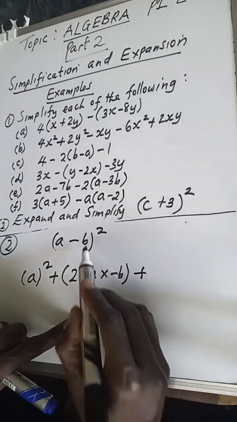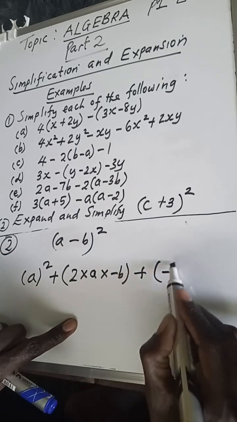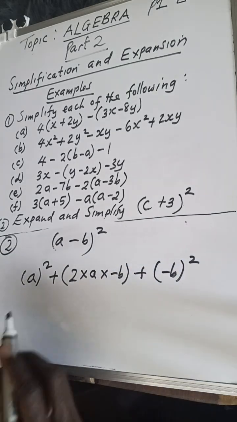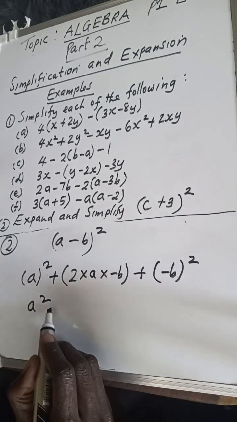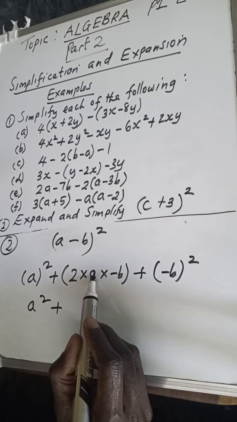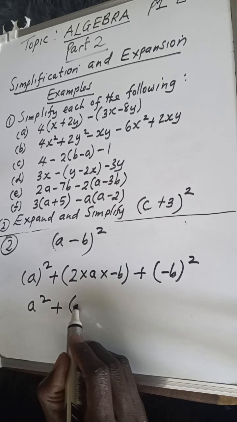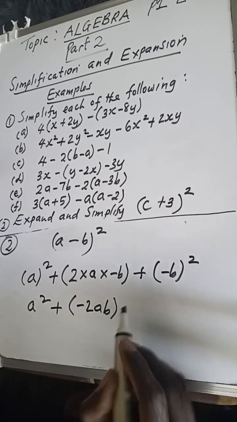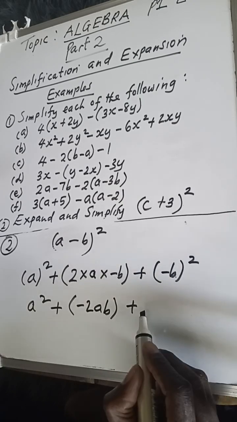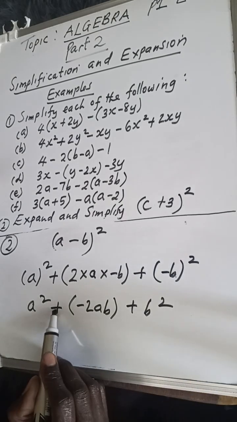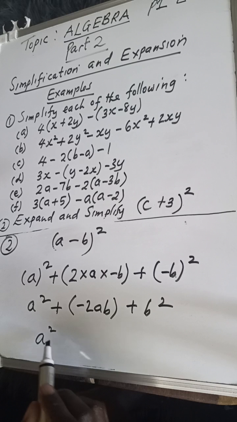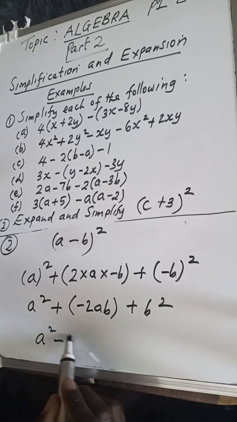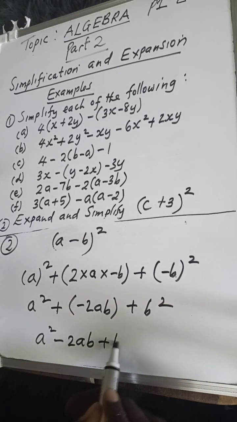Then plus again, you get the last term, which is negative b, and raise it to the power 2. So it will be a squared, plus 2 times a times negative b will give me negative 2ab, plus negative b squared will be a positive b squared. Remember, negative times negative will give you a positive. So it will be a squared minus 2ab plus b squared.